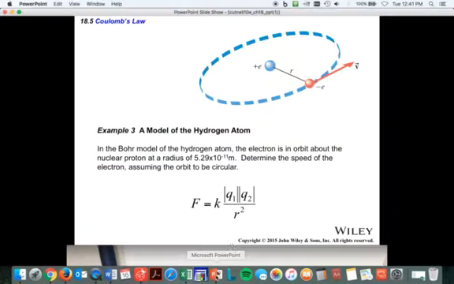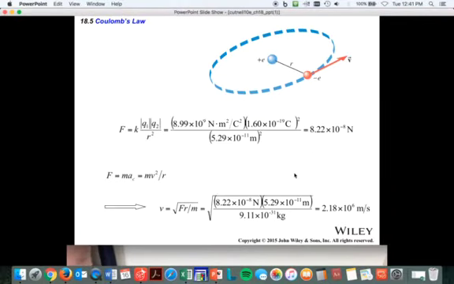Let's see how close we are to what they came up with. Whoa! This is correct. This is correct. What did I mess up? Oh, I see what I did.